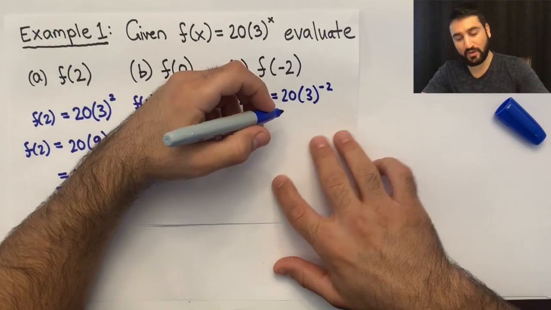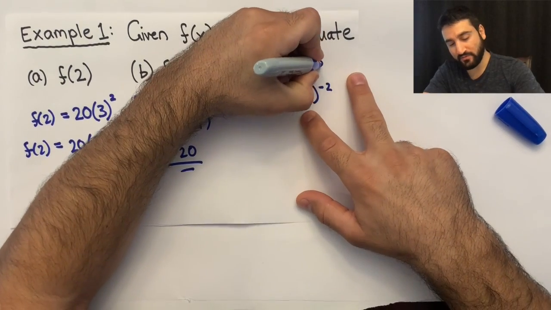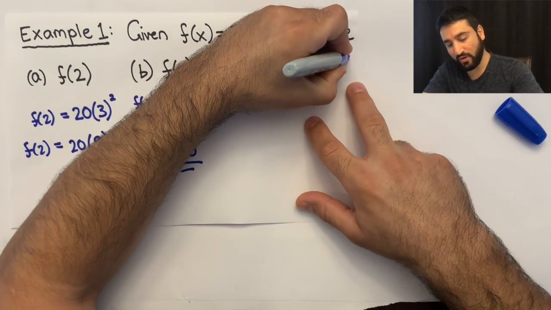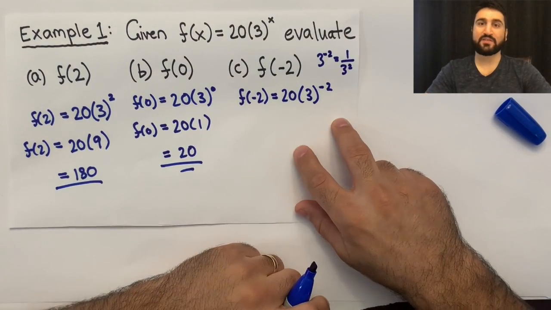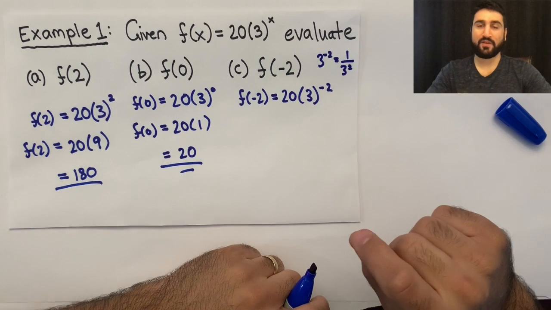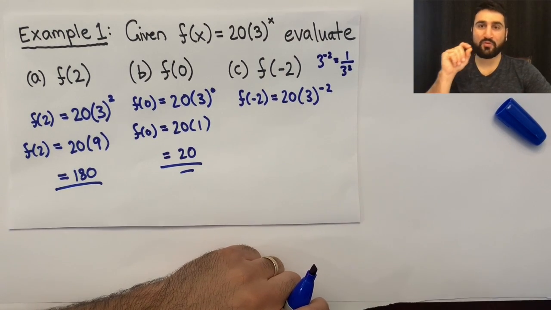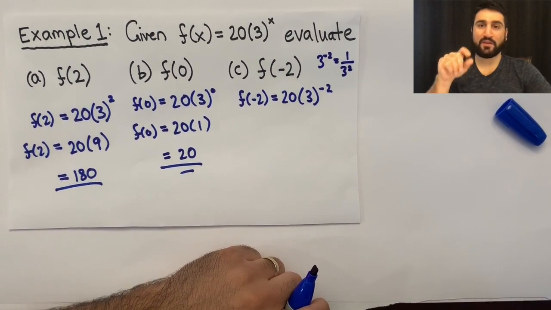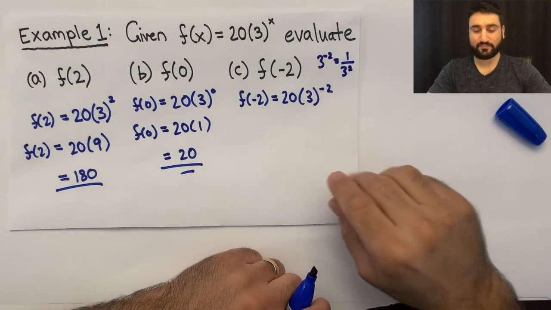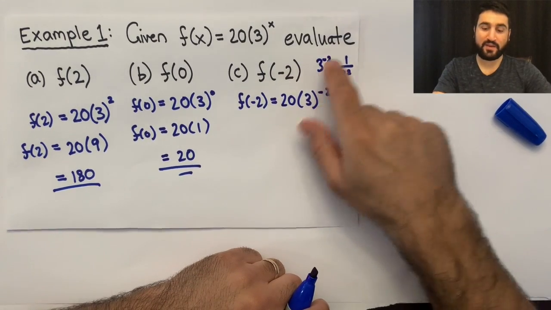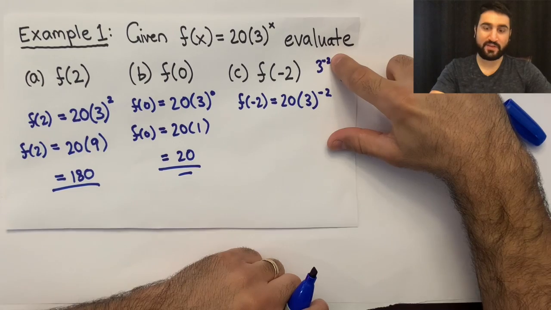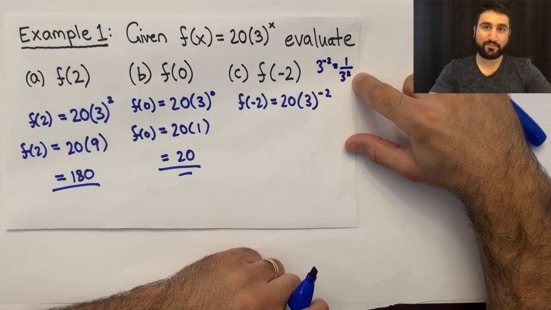Okay. 3 to the negative 2 is the same as 1 over 3 to the 2. It's the reciprocal of that value. When you do the reciprocal of a number, the power becomes negative. So if it's already negative, then you do a negative of this and it becomes positive on the bottom.